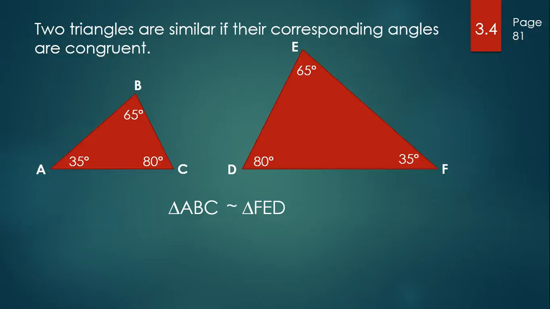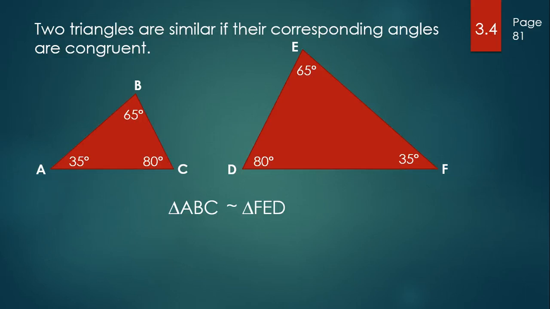Now the order of those letters is important because the order is explaining which angles are congruent. So angle A, which is the first angle mentioned in the name of the smaller triangle, is congruent to angle F, which is the first angle mentioned in the name of the larger triangle.